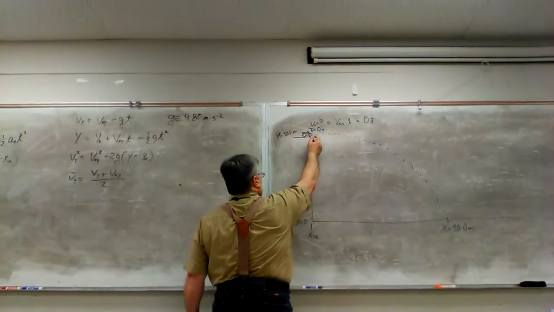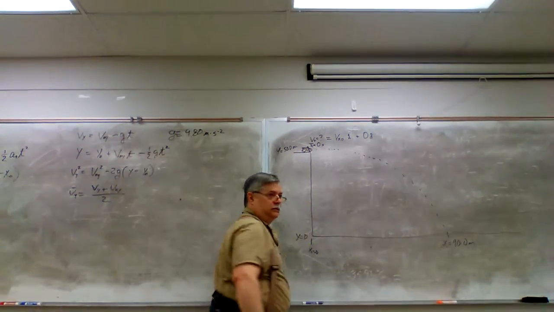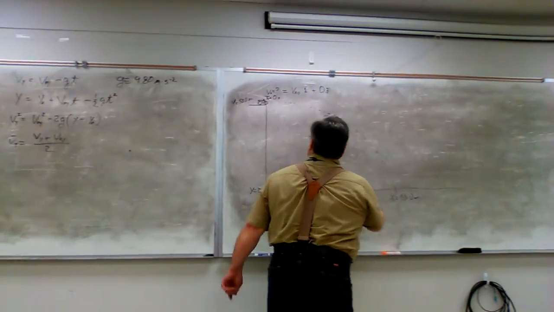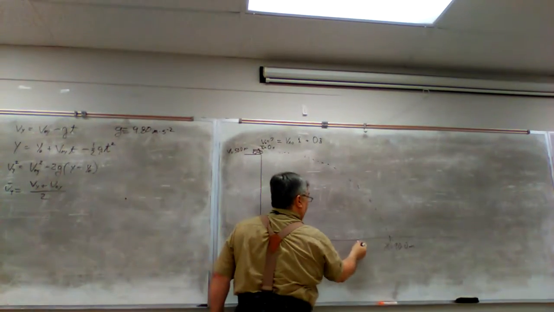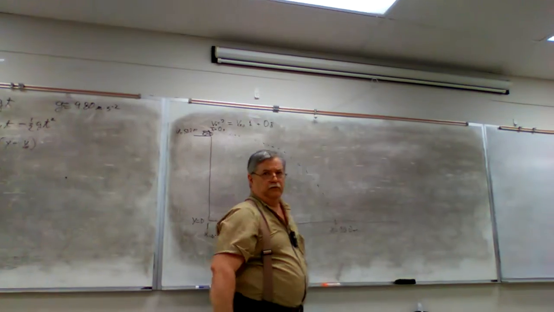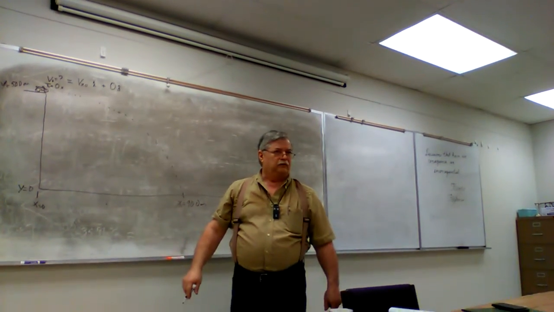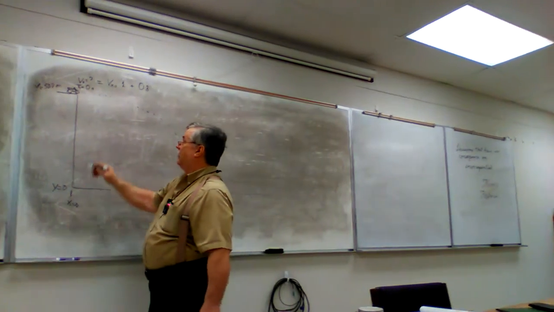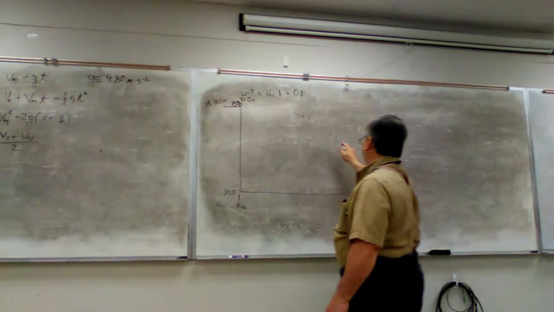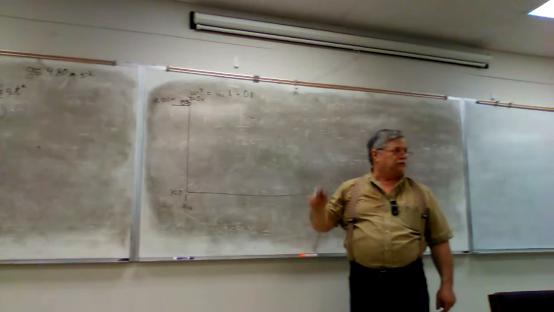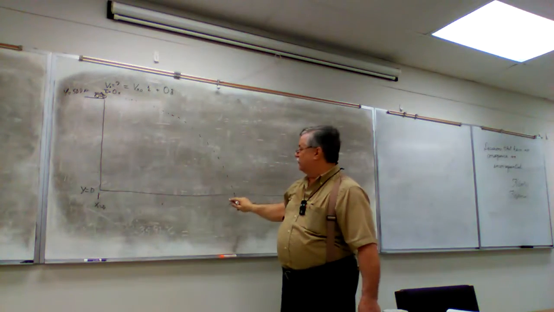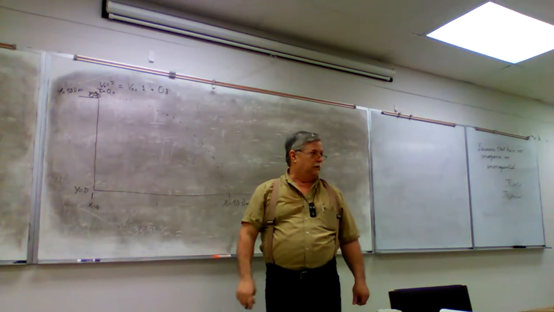Once this motorcycle leaves this cliff, the time it takes that motorcycle to reach the ground is a given. It's fixed. So the first thing we need to find out is how long is it going to take the motorcycle to get from there to here? How much time does it have to travel this 90 meters?